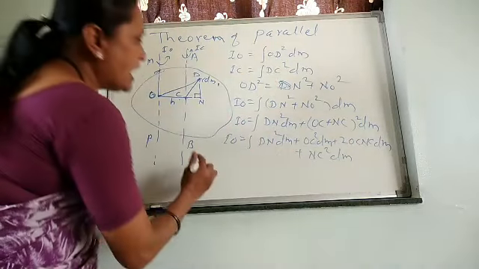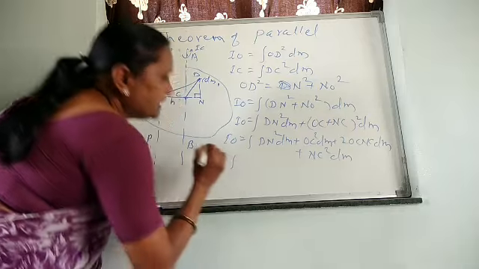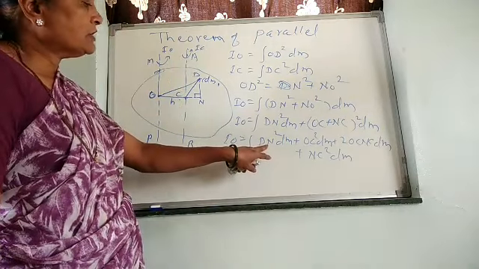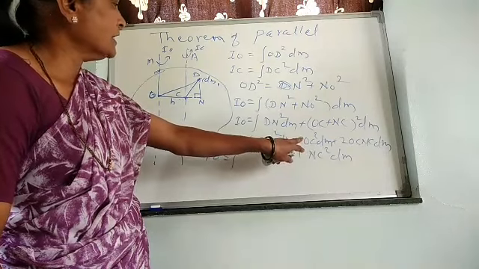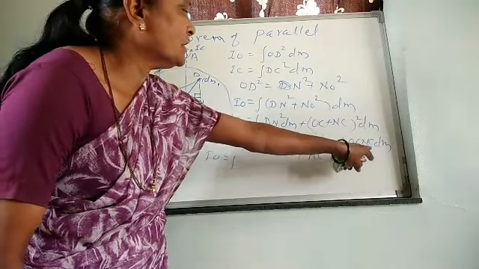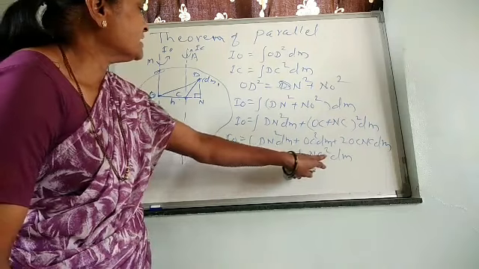So IO is equal to the integral of DN square dm plus OC square dm plus twice OC into NC into dm plus NC square dm.